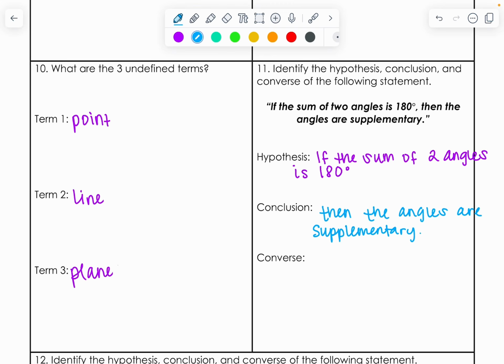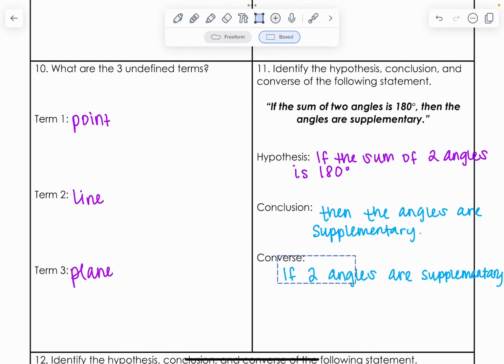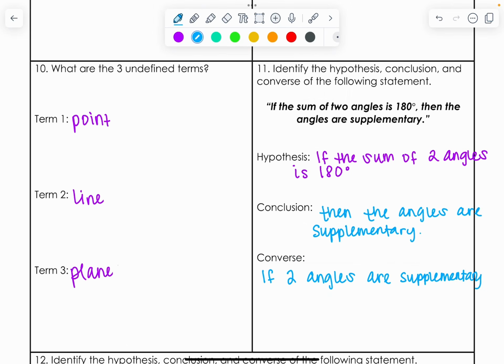Then the converse would simply be switching those two. So we begin with: if two angles are supplementary, then they have a sum of 180 degrees.